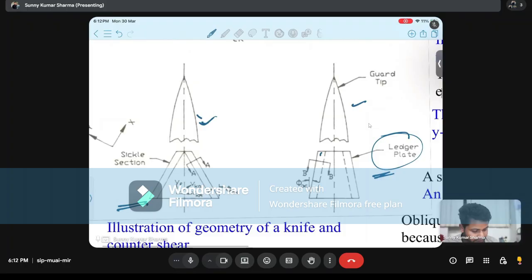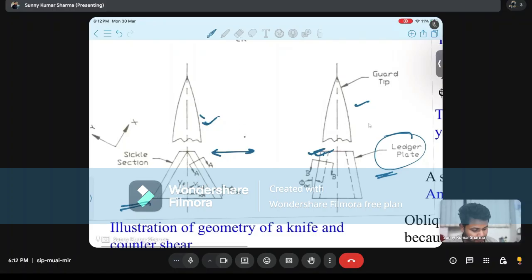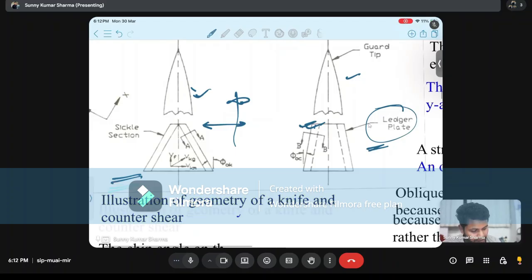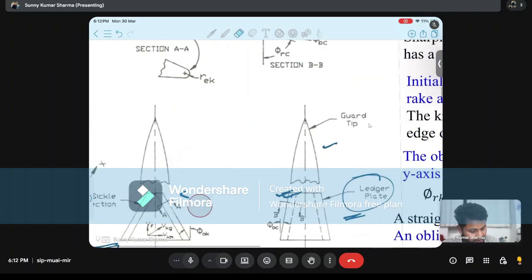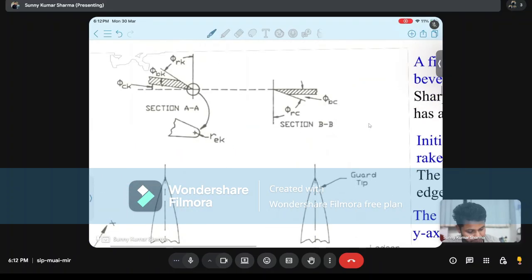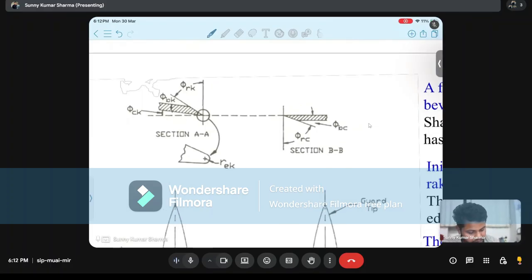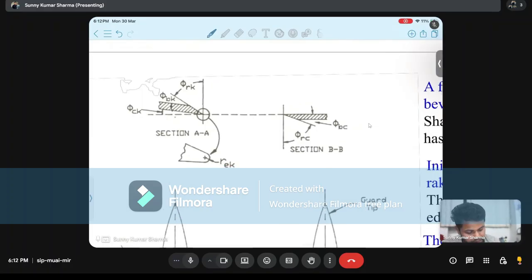What will happen is this knife will do reciprocating motion on this ledger plate. This ledger plate will act as a counter shear for the stem or whatever plant is there. So what are the angles associated with this mechanism? First, if you see the cut section of this knife, we will find that the knife is not placed fully horizontally.